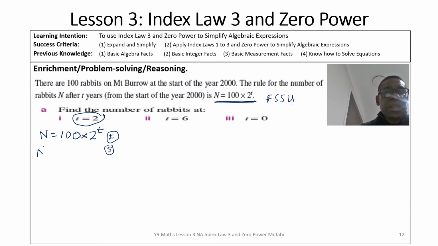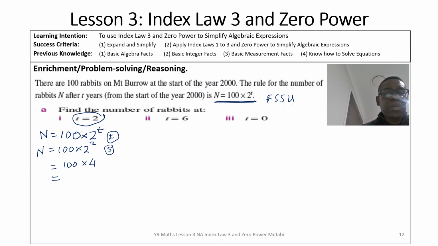So n will be equal to 100 times 2 to the power of t, t is 2, so to the power of 2. This will be equal to 100 times 2 squared, which is simply 4.